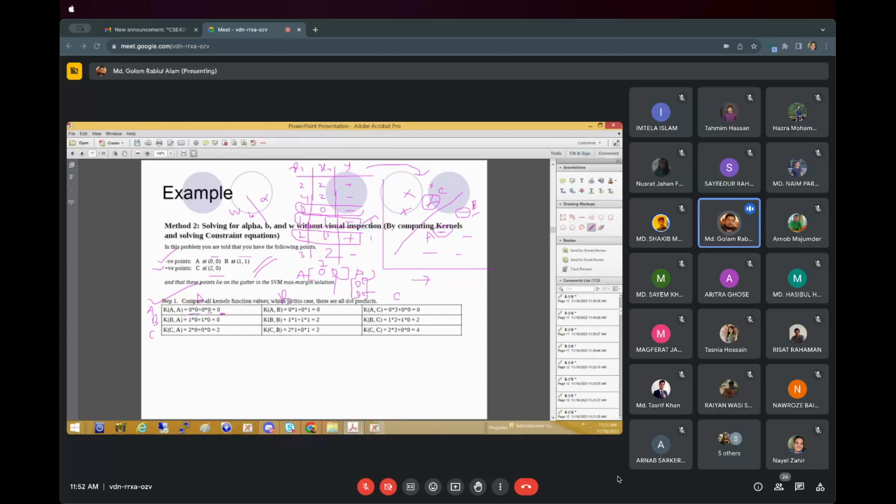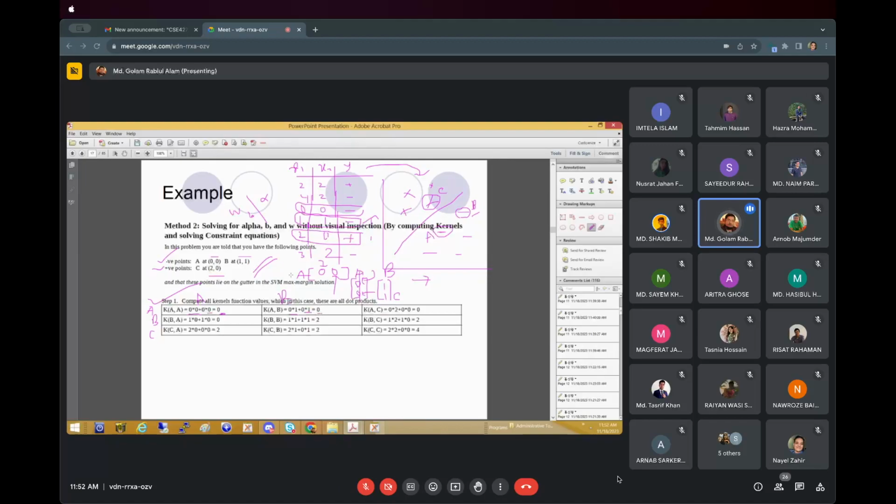Similarly, if we want to multiply AB, so this is a, and B in our case is (1, 1). Instead of A, if we consider here the B, then 0 times 1 plus 0 times 1, it will be 0.